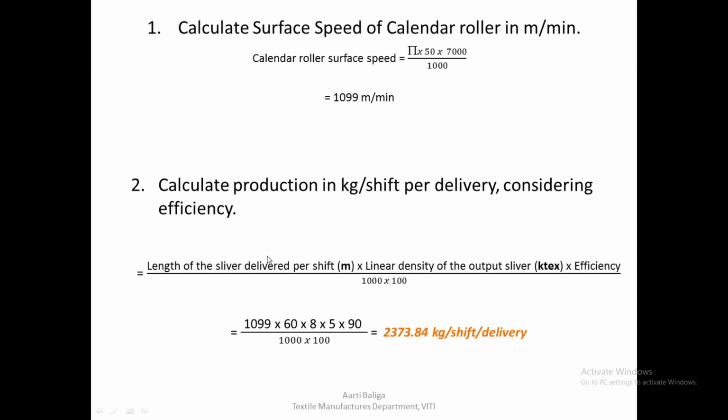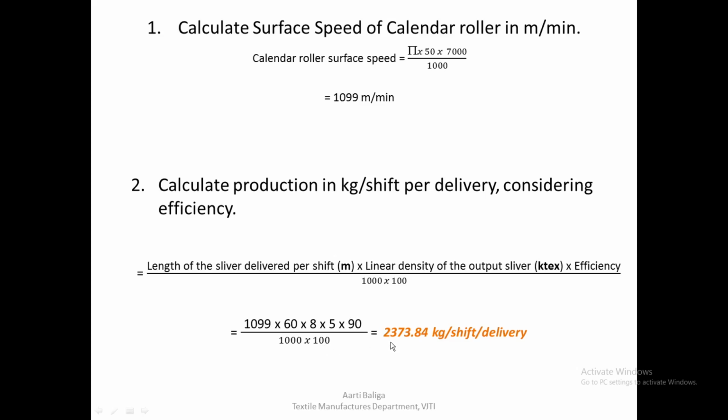So for the length of the sliver, since it is kgs per shift that is required, I find the sliver delivered in meters per shift. Since this is in meters per minute, I convert it by multiplying by 60, which gives me meters per hour, multiply by 8, it gives me meters per shift. And once I get this, I multiply that by kilotex, which is 5, and then divide by 1000. And the only thing that remains to be done is, since the efficiency is 90%, multiply by 90 divided by 100.